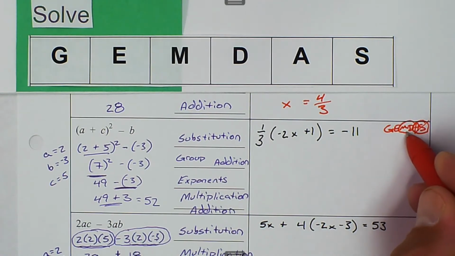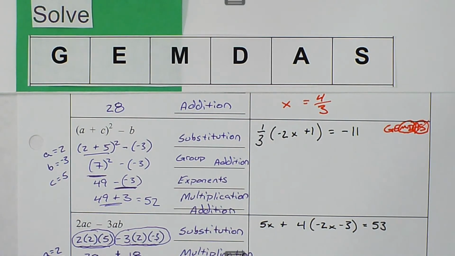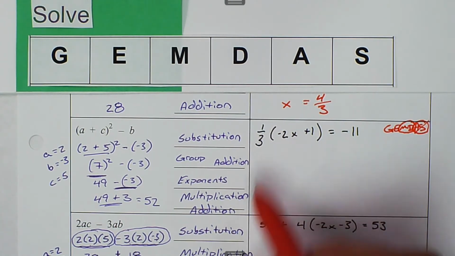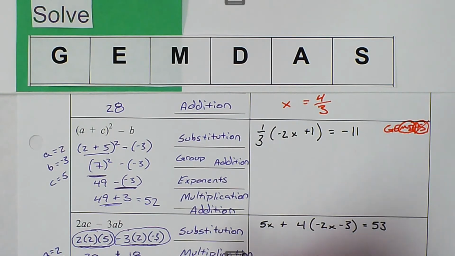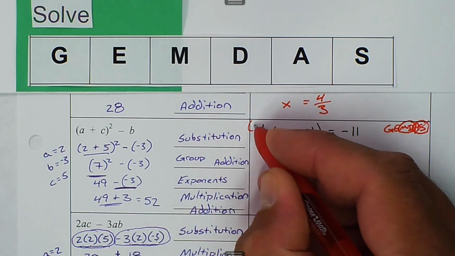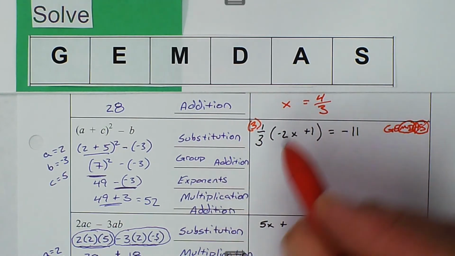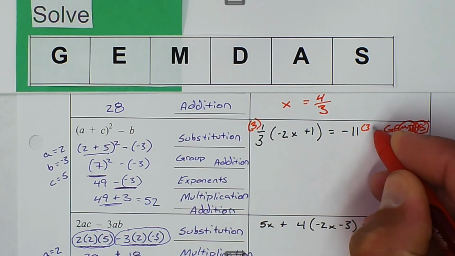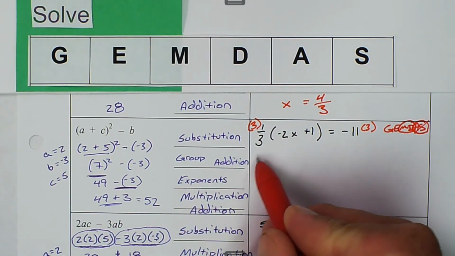So then we move to multiplication and division. If we have a 1/3, that's like saying division. So what's the inverse operation of division? Multiplication. So I'm going to multiply both sides by 3, because here I'm dividing by 3.